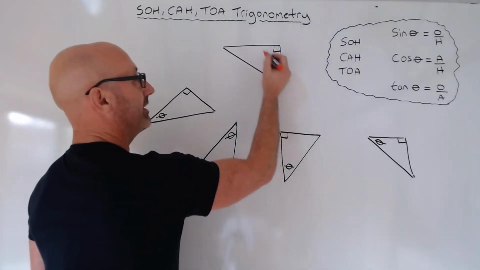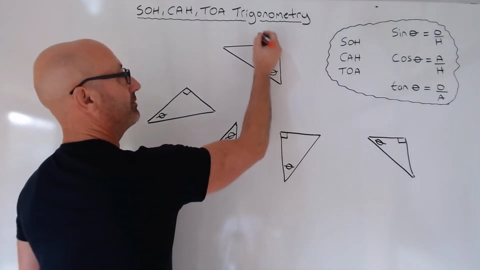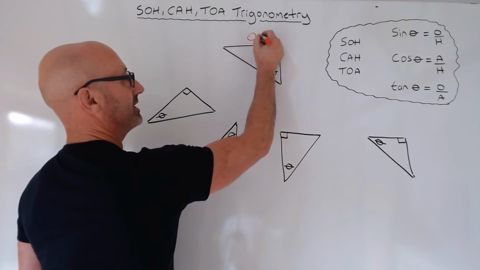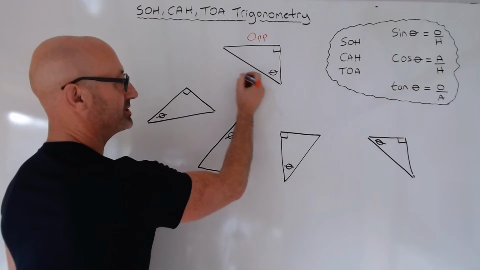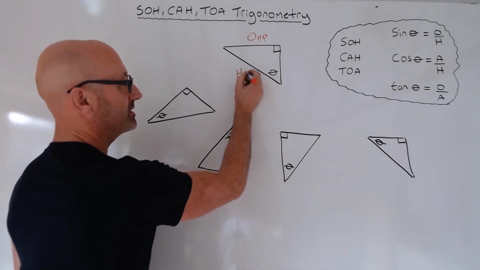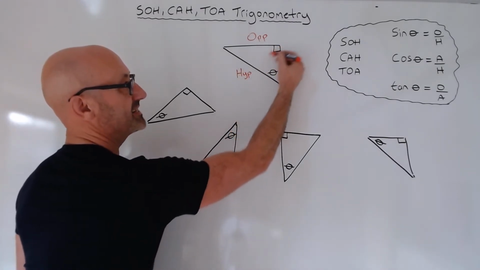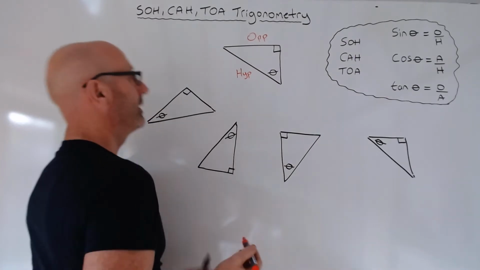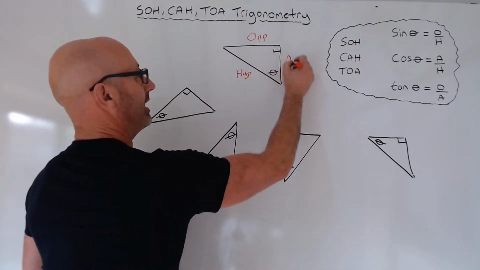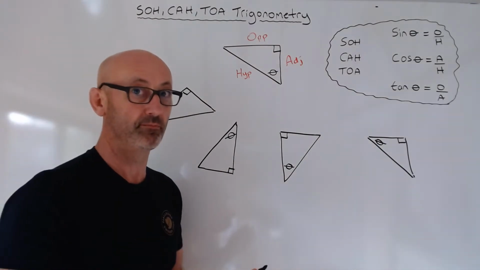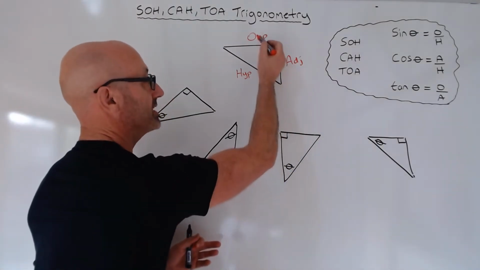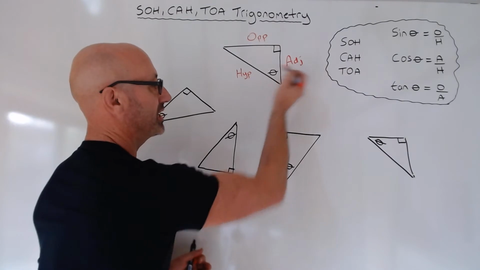The opposite one is kind of opposite there. Then the hypotenuse is always the one that's facing the right angle, and the adjacent is the other one. So opposite, hypotenuse, adjacent.